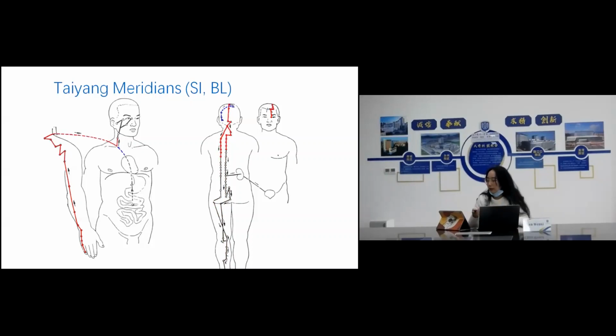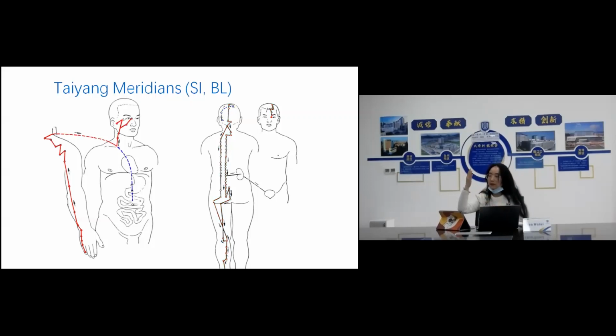And also, the foot Taiyang urinary bladder meridian starts from the foot, and goes on the posterior side of the lower limbs, and goes on the back of the trunk, and then goes to the neck, and goes on the back of the head, and curves around to the front.